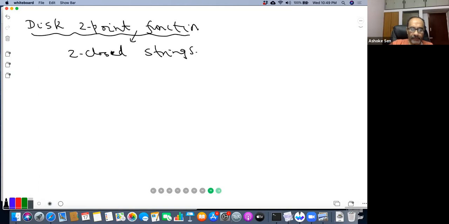Let me draw the Feynman diagrams in string field theory. The Feynman diagrams that are relevant are of this kind. In my notation, the black lines will be external closed strings, and the red line will be the open strings. This is one of the Feynman diagrams that contribute to the two-point function on the disk.